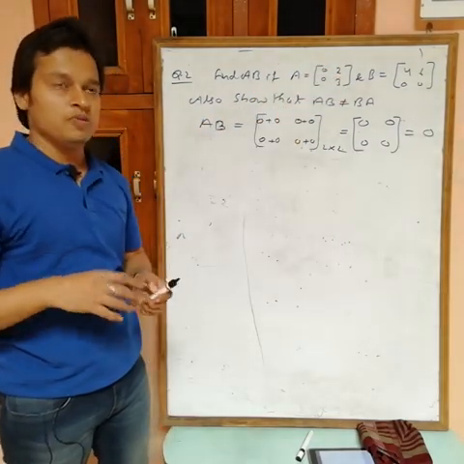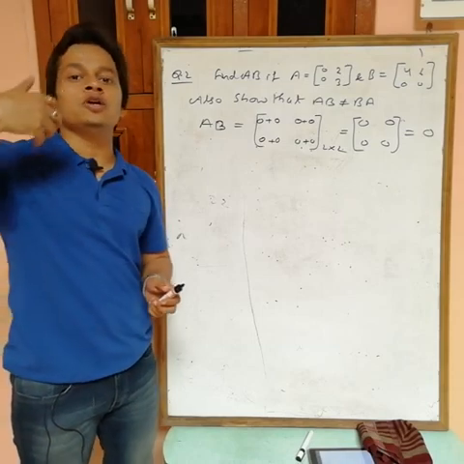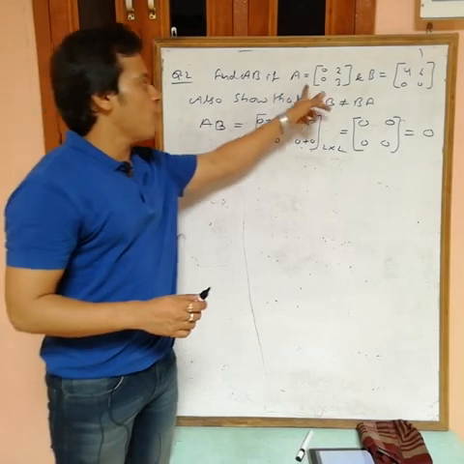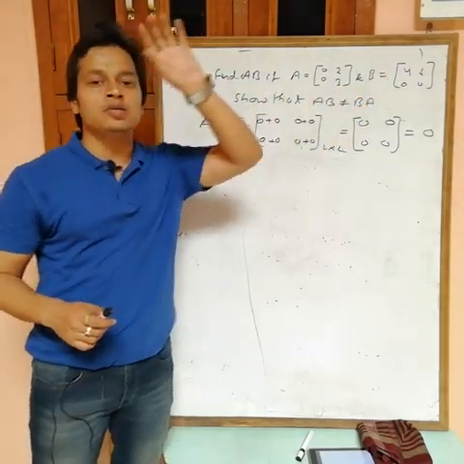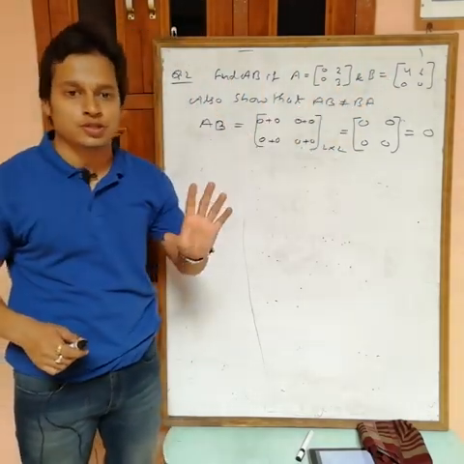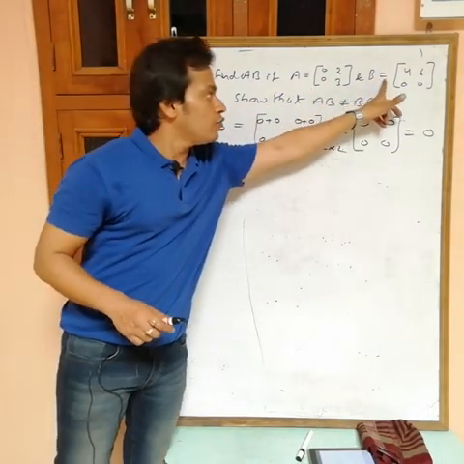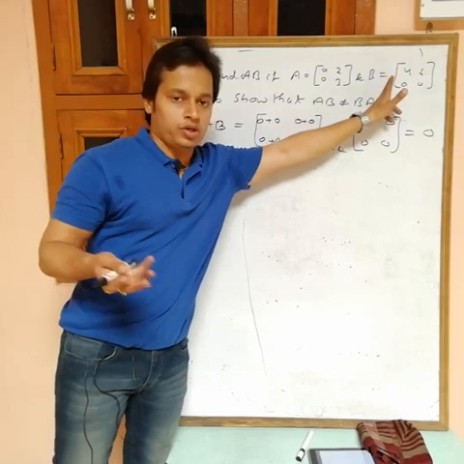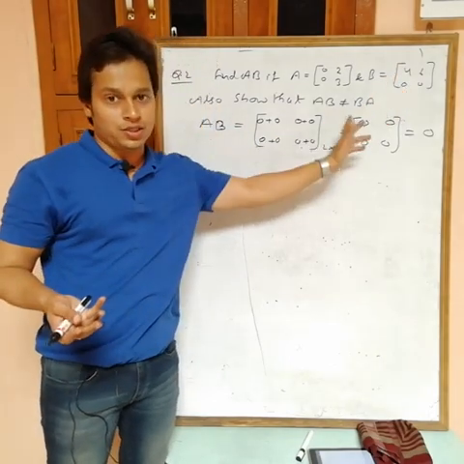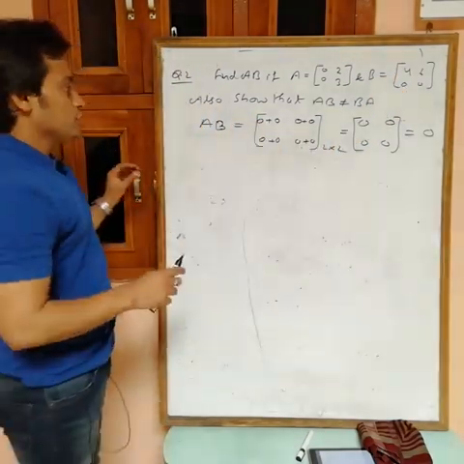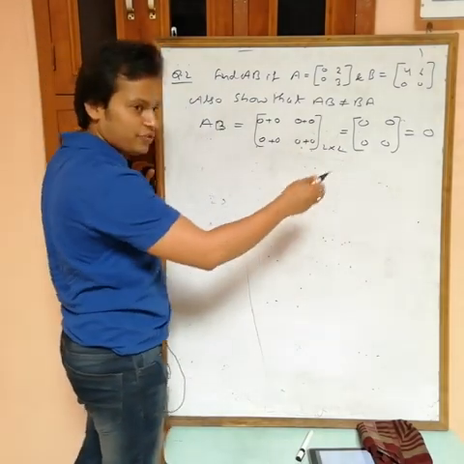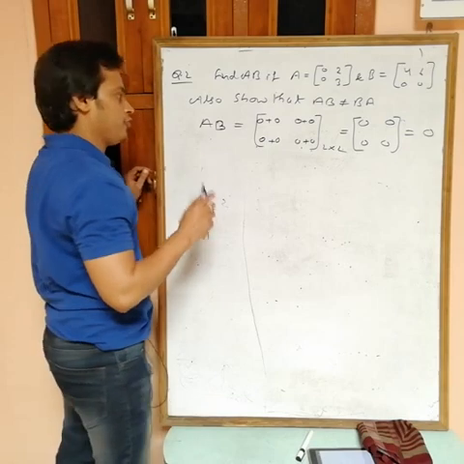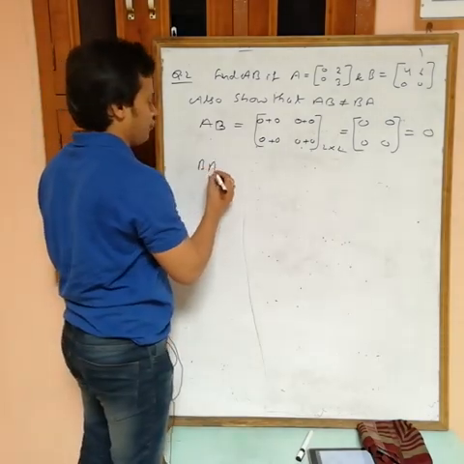It means I can say that if A into B is a null matrix, then it is not necessary that at least one of A and B is a null matrix. Both are non-zero matrices, not null matrices, but the product is a null matrix. So if AB is 0, it is not necessary that either A is 0 or B is 0. Now find BA.